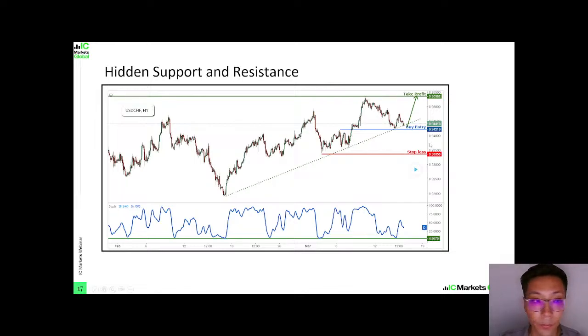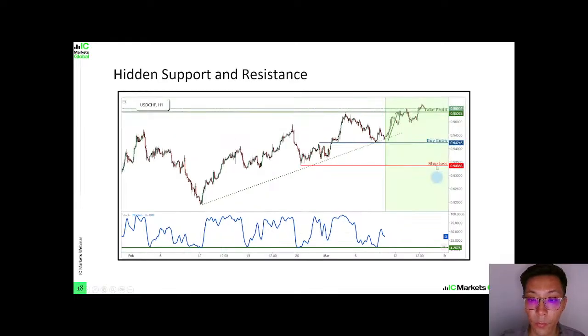So from here we can see once price hit the 4.2675, which is our hidden support level, price bounced up from here and rose all the way to our take profit level.